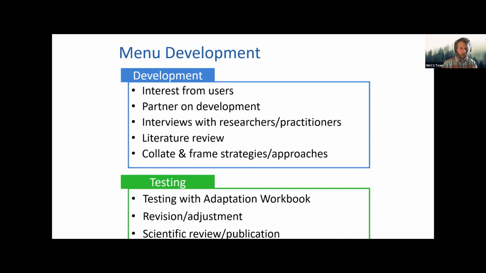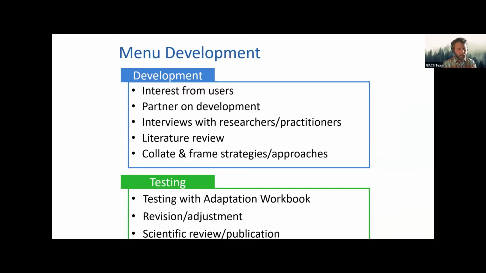Then we take all this information that we've gleaned from talking with researchers and foresters and reviewing the literature, and frame these strategies and approaches to come up with essentially a draft menu. Then we have the whole testing phase.